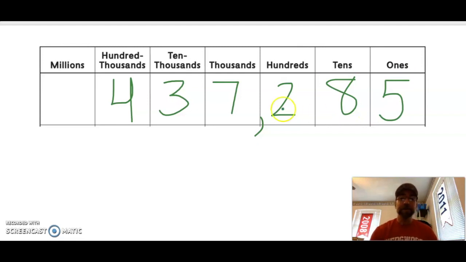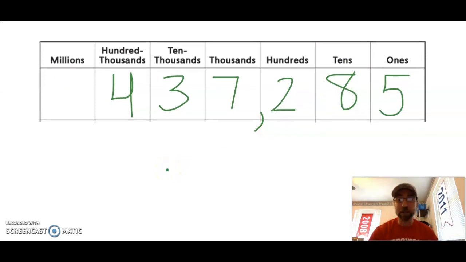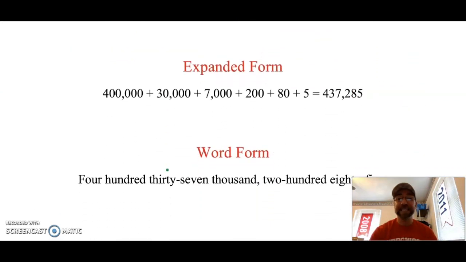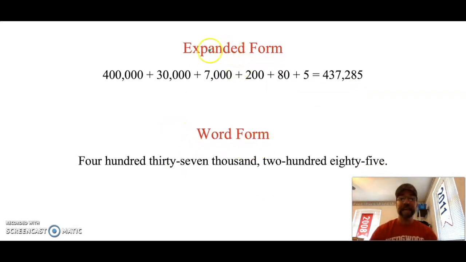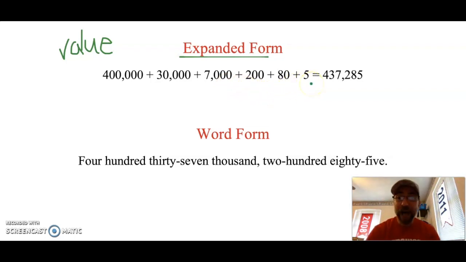Now this is a number that we have written in standard form, but I can also take that number and write it in expanded form. Expanded form is when I take all of the values and I add up the value of each digit. 400,000 plus 30,000 plus 7,000 plus 200 plus 80 plus 5 equals 437,285.